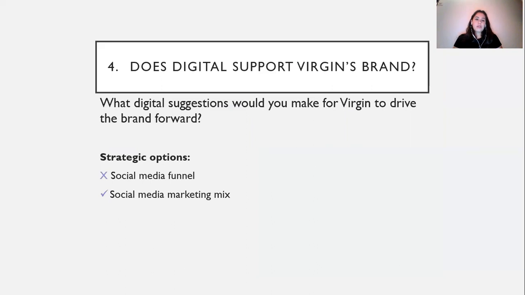And finally, the last question is: does the digital support Virgin's brand, and what digital suggestion would you make for Virgin to drive the brand forward? So there are two options that can be done: the social media funnel, but that one I would not recommend in this case, because it is mostly for e-commerce and conversions and sales directly.